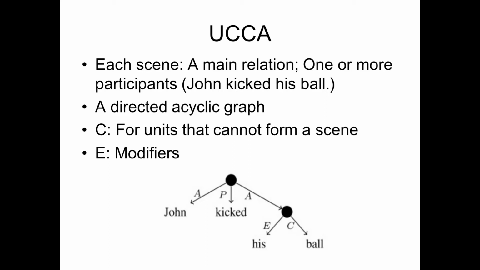The relation is kicked. For units that cannot form a scene, UCCA sets a category C to represent the subunit of a non-scene unit. Modifiers are marked as E. For example, in the non-scene unit "his ball," his is E and ball is C.